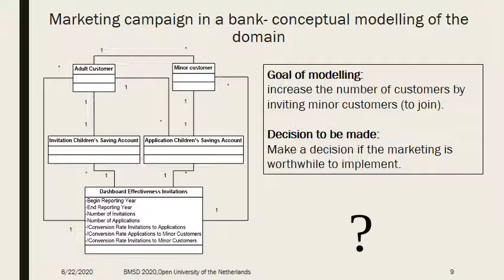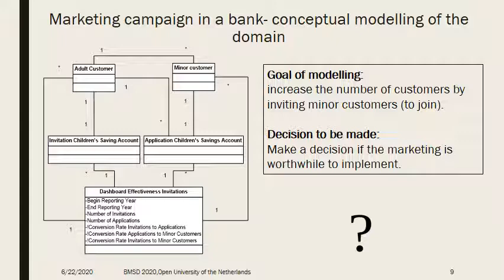The concepts are derived from the process. A marketing employee sends an invitation to all its adult customers to open a children's savings account. An adult customer may ignore the invitation or submit an application for a children's savings account.